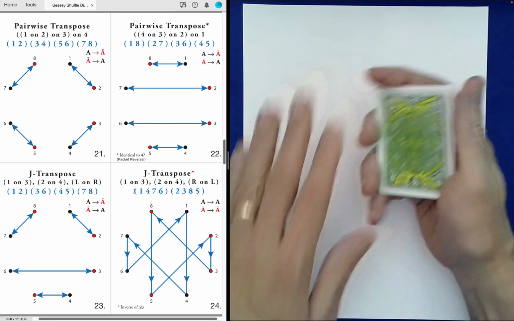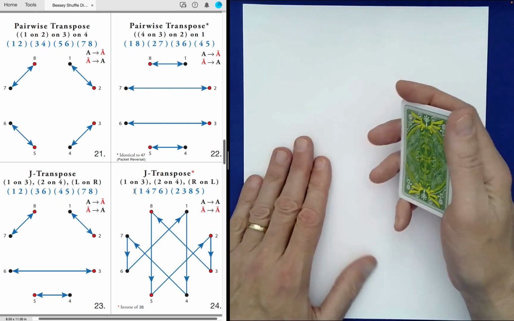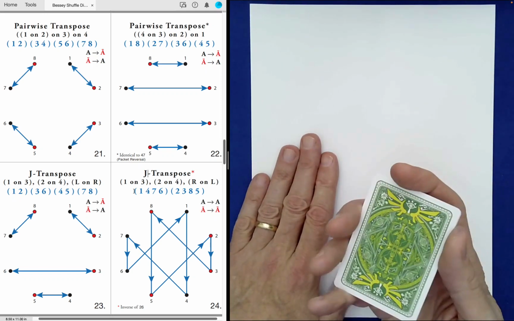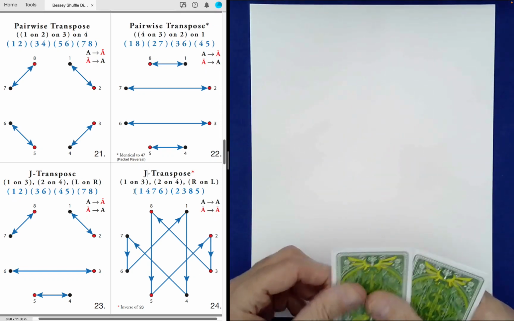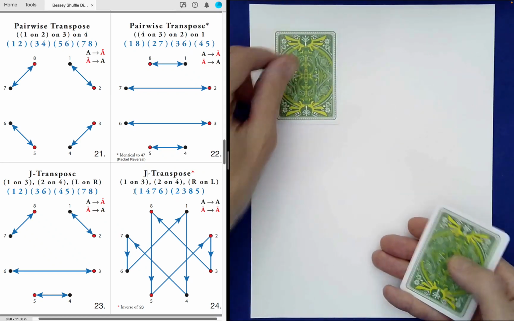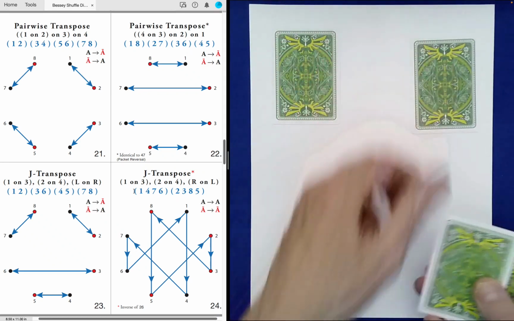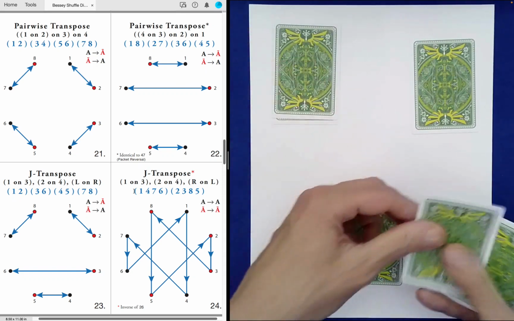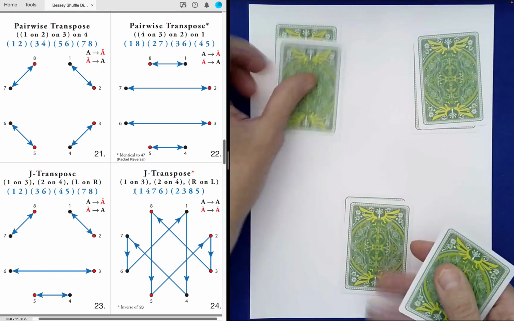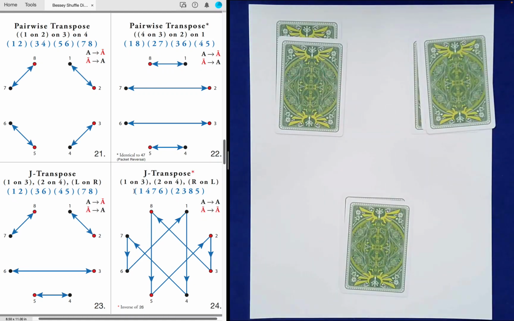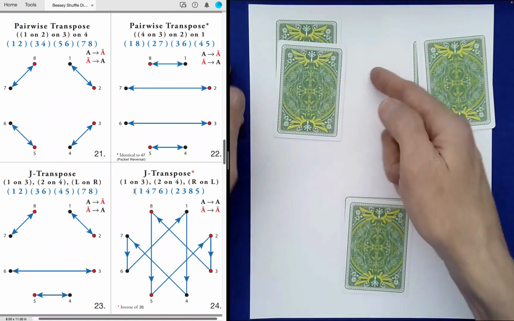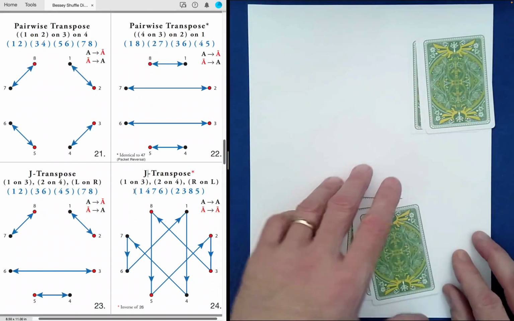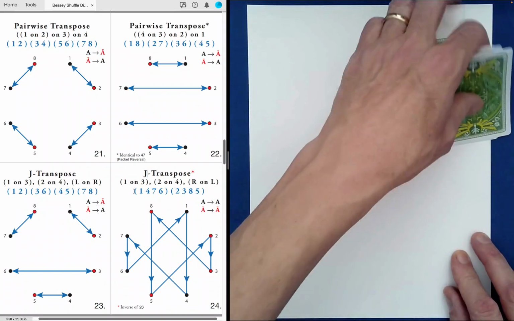Warner Miller came up with this wonderful triangle deal that converts this structure type to a Bessey sequence. This is where you deal into a triangle clockwise. You deal clockwise till you run out of cards, and then you pick up the first packet, the one that you dealt out first, and then stack in counterclockwise order.